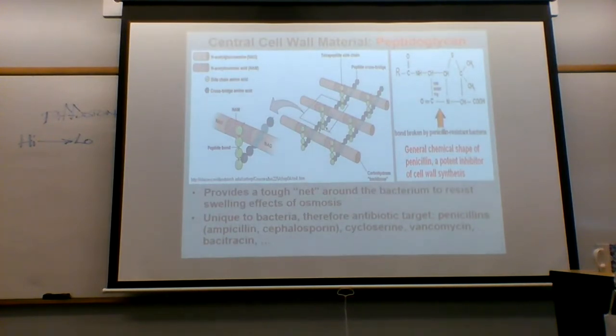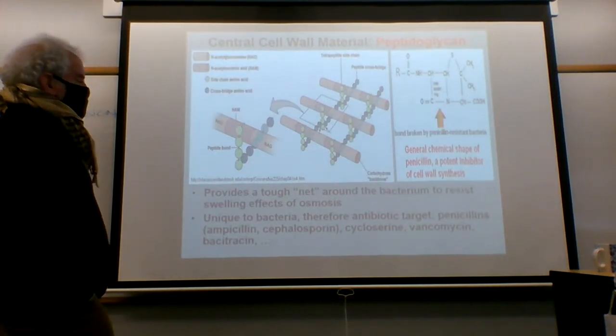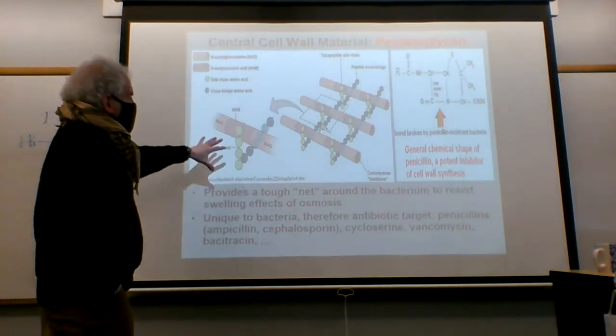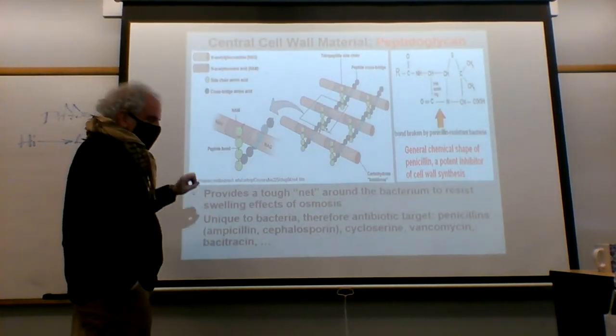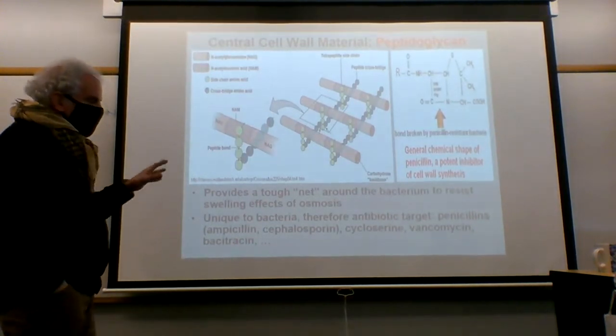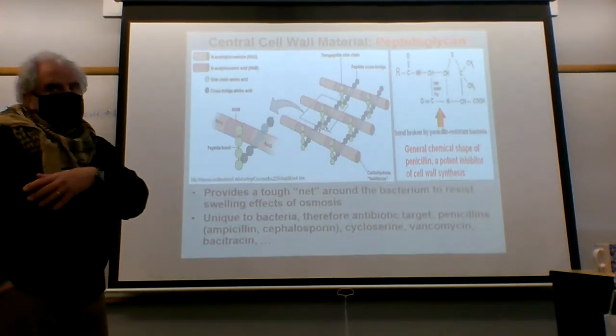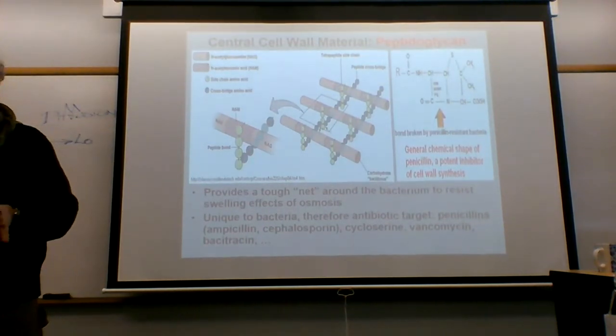So in the case of penicillin, ampicillin, they work because they're blocking the cell wall. All right. This is actually a nice thing because the cell wall composition is absolutely unique to bacteria. So it's a great kind of target for antibiotics because you can take them and it is really not going to do much to you.